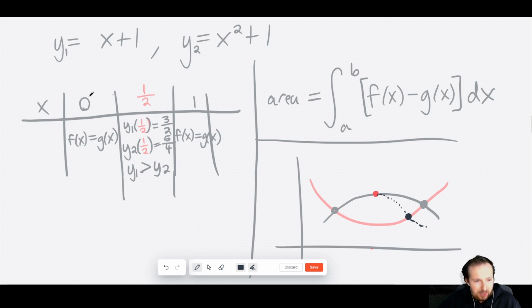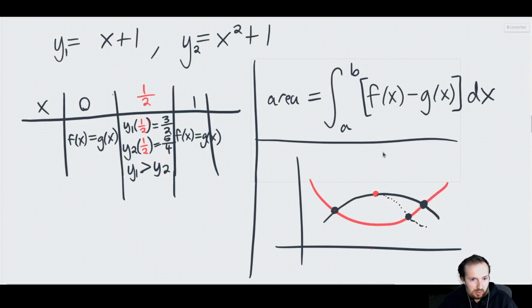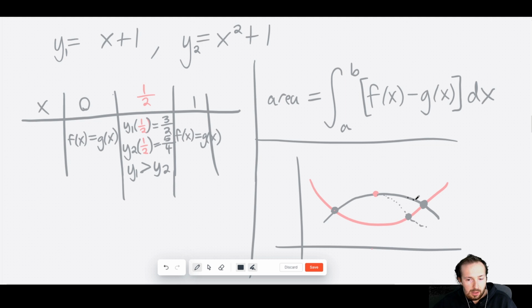Those are the only possible points where the curves can swap which one's the upper and which one's the lower. And by the way, they don't have to swap. The black one could bounce back instead of going through at the intersection point. That is theoretically possible. So just because they have an intersection point doesn't guarantee that they're going to swap. It just means they could, and you have to actually check that.